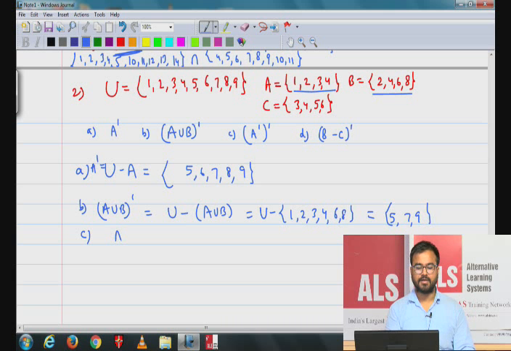Similarly, C part, A dash complement of complement. Now it means we have to subtract U minus A complement, and when we subtract the complement of A from the universal set, we will be left again with A. You can understand with the help of a diagram also.